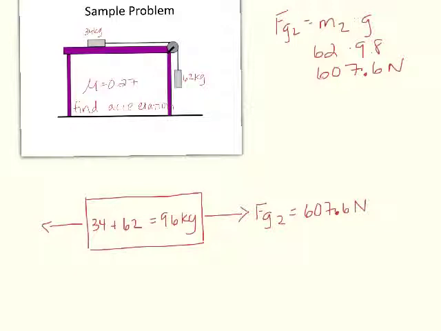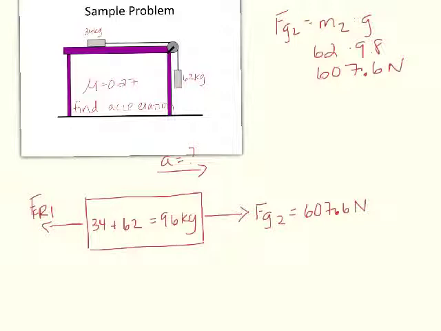Okay, so now our other force is going to be force of friction 1. Let me draw on my acceleration arrow. Sorry, I do have a tendency to forget those.